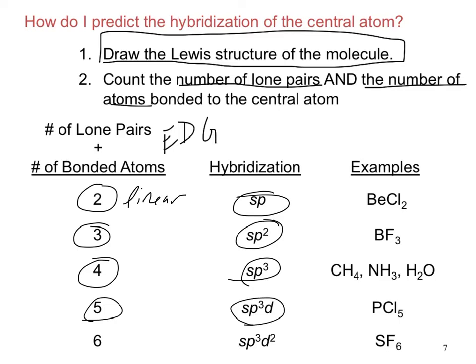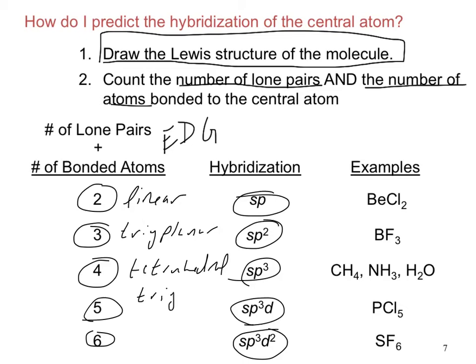And 6 total groups, you're going to have sp3d2. Now, you'll notice that this is dealing with the electron domain geometry. So, linear, trigonal planar, tetrahedral, trigonal bipyramidal, and octahedral.